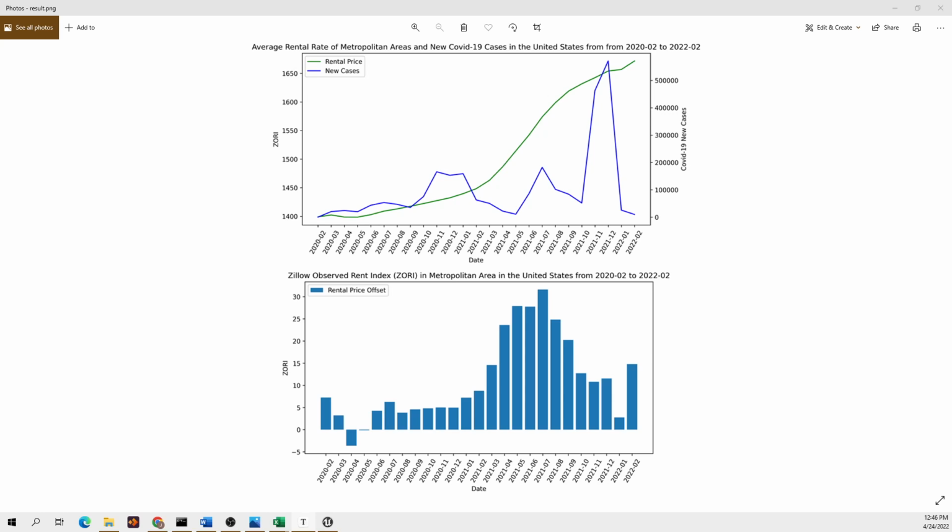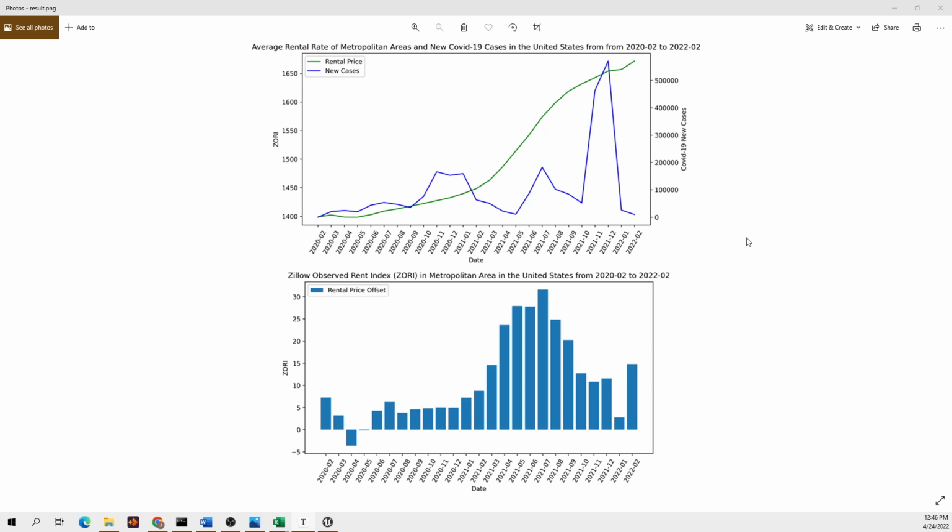So I want to say the pandemic did have an impact on the rental market, but the specific factors affecting the price need to be continually studied and investigated.